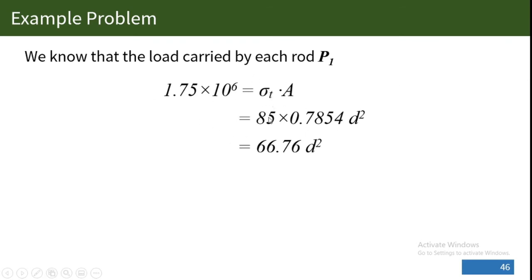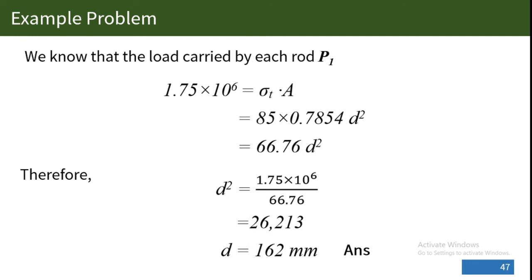Then what we get is 85, which is the given value of the maximum or safe stress, in the unit of 85 newton per millimeter squared, times 0.785 d squared. In the next line, we further evaluate 85 times 0.7854, which is equal to 66.76 d squared.